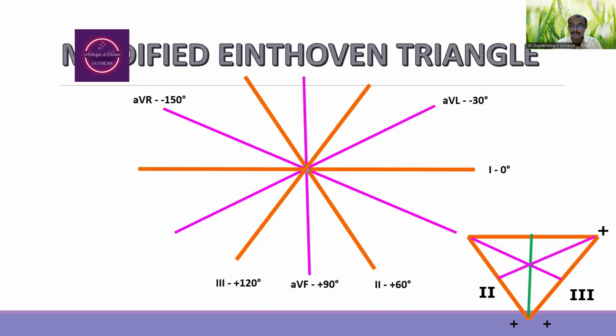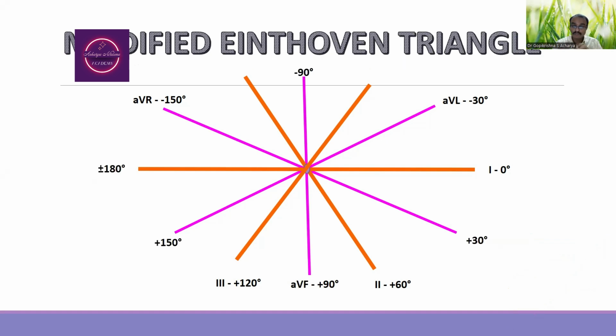This is AVF, which is situated at plus 90 degrees. The main source, from where we calculate, is lead 1, which is said to be at 0 degrees. This will be the overall value whenever we modify it into the modified Einthoven's triangle.